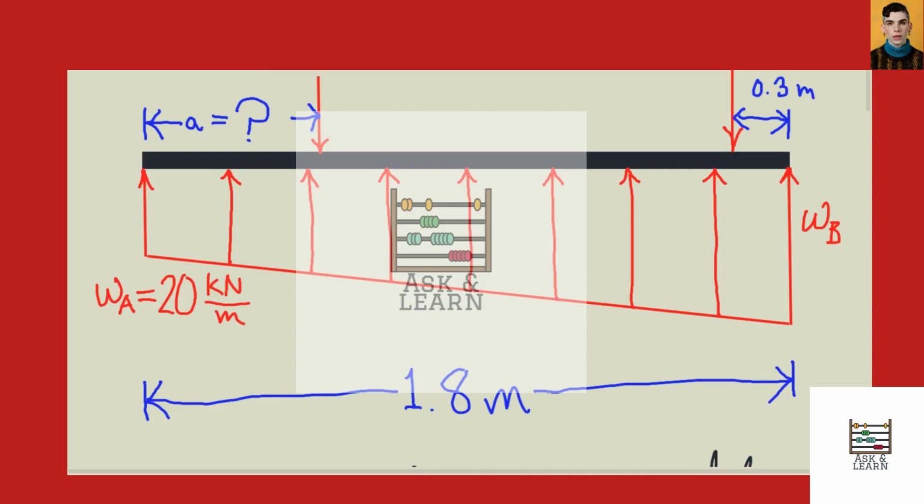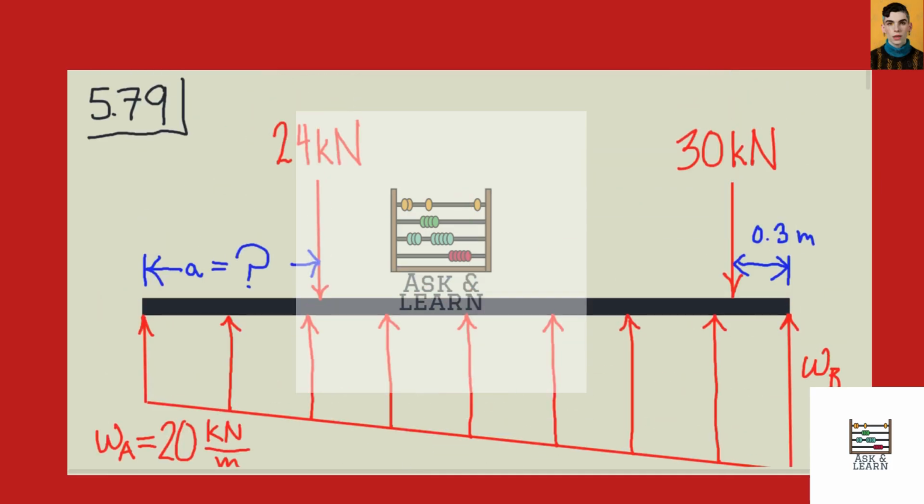We have givens for this force density relation: an initial y coordinate, W sub A, of 20 kilonewtons per meter, and the entire span of the beam is 1.8 meters. The magnitudes of the two downward facing force vectors are 24 kilonewtons and 30 kilonewtons.